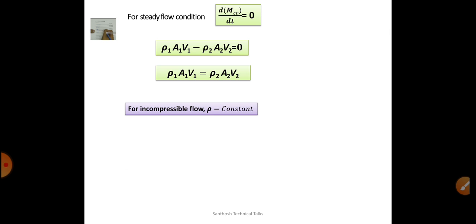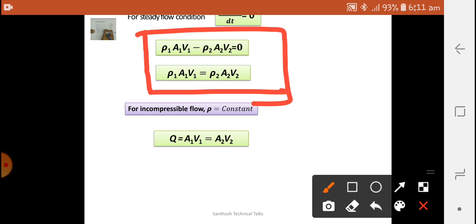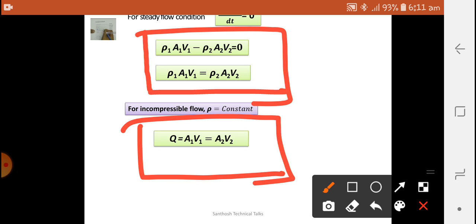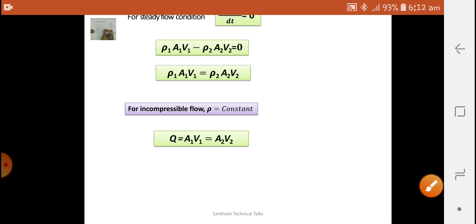For incompressible flow, the density is constant. Therefore a1 v1 is equal to a2 v2, which is nothing but the volume rate of flow. So that was the mass rate of flow, and this is the volume rate of flow, because the density remains constant. So a1 v1 equals a2 v2 is nothing but the discharge of a system. The unit of discharge is meter cube per second.